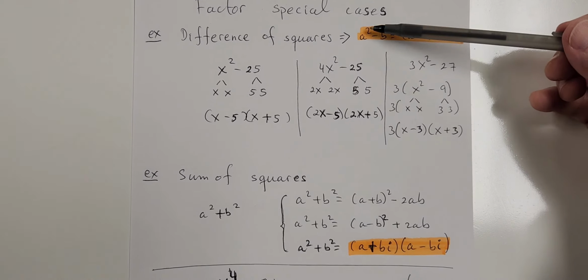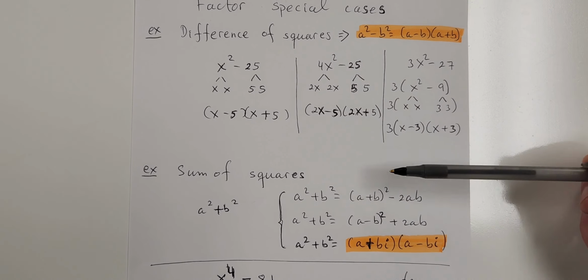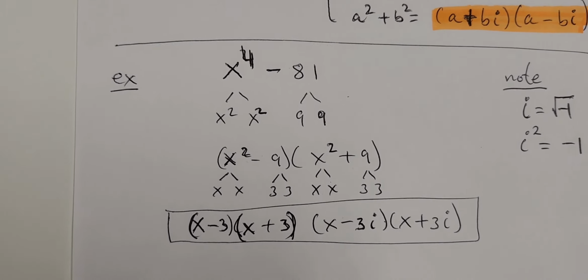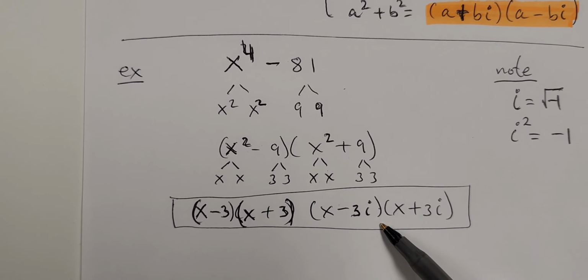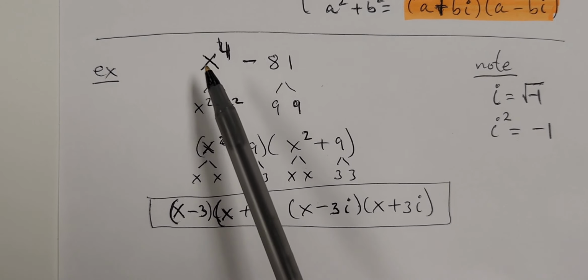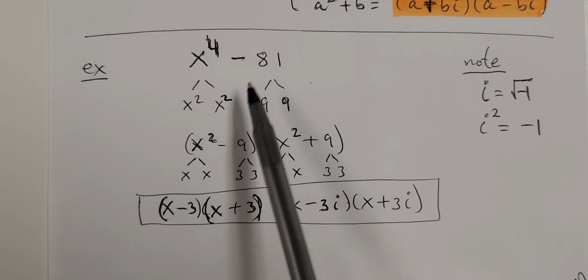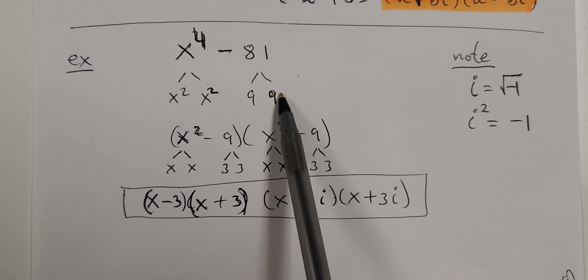The difference between the difference of squares and the sum of squares, just like I have in the last example here. So be very careful. Again, x to the fourth can be broken up into x squared and 81, which is 9 times 9.